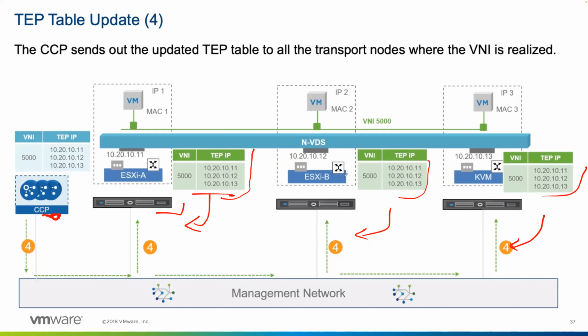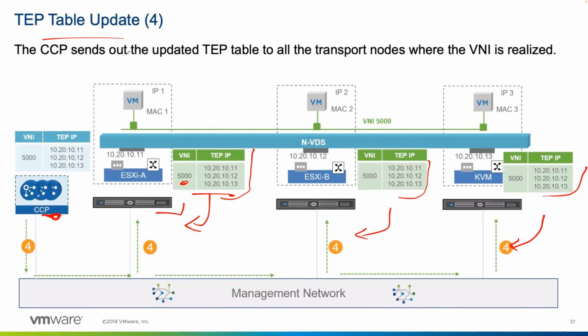Everybody just sees the same thing. Here we have VNI 5000, and the 3 ESXi hosts A, B, C get involved in this VNI 5000 segment.